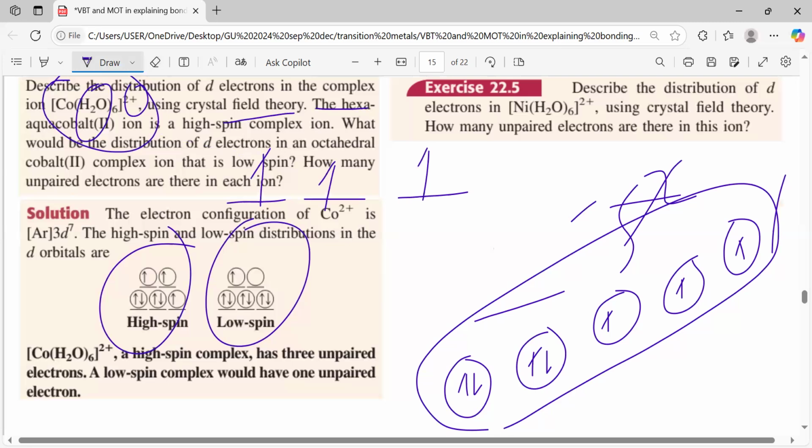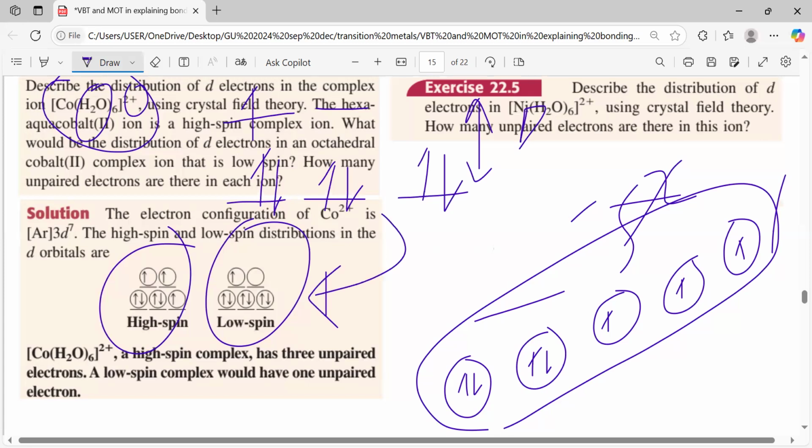But now we pair because it is low spin. So that's 4, 5, 6, 7. Still there's something to jump up. Low spin means that this gap delta is so huge.